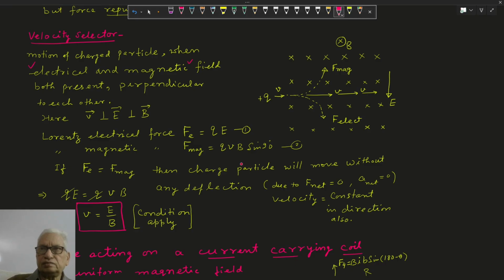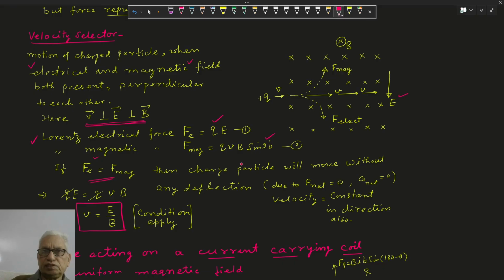Using the left hand rule, magnetic force here is upward, because of this it is moving like this. The electrical force on a positive charge comes in the direction of the electrical field, so F magnetic and F electrical are both opposite. By the way, the velocity vector is perpendicular to the electrical field and perpendicular to the magnetic field, all three are perpendicular to each other. Lorentz electrical force on charge is QE and Lorentz magnetic force is equal to QVB sin 90.